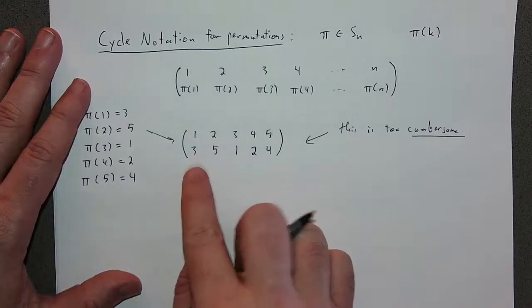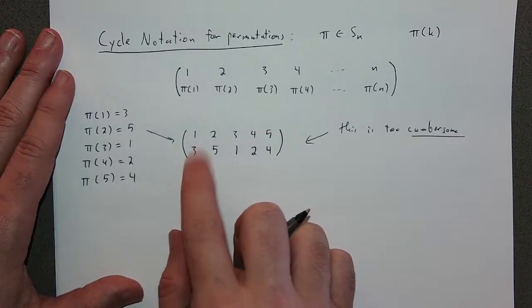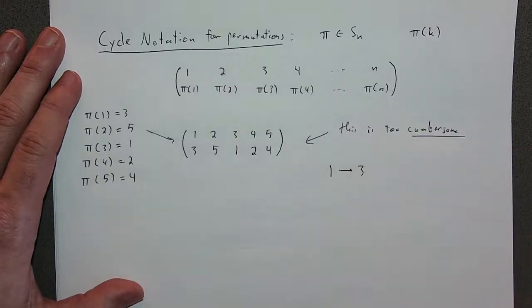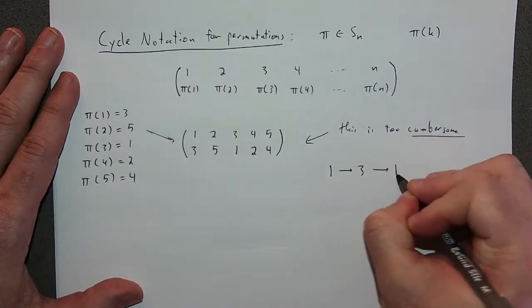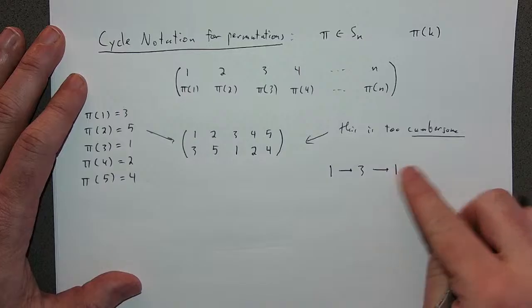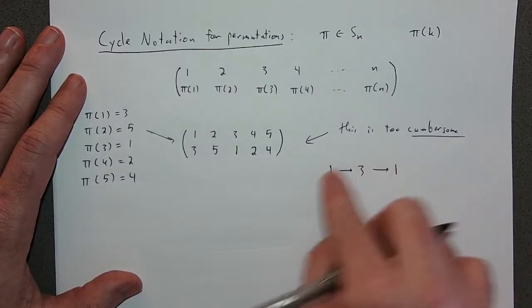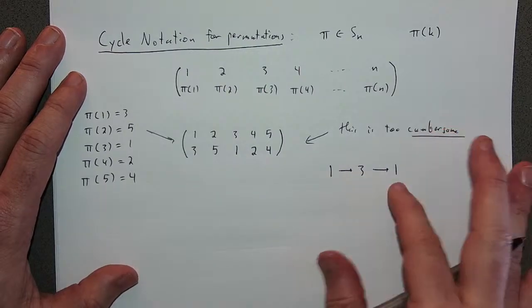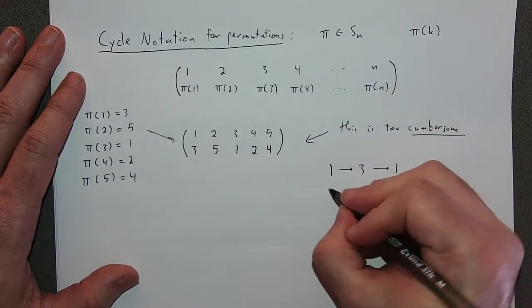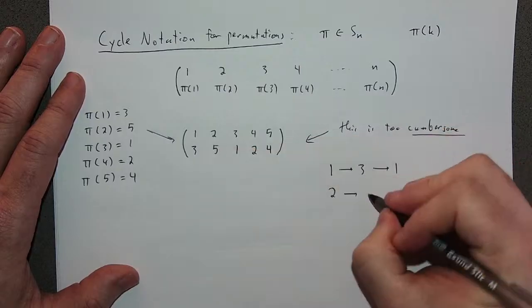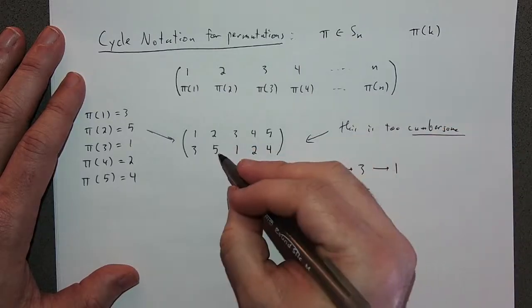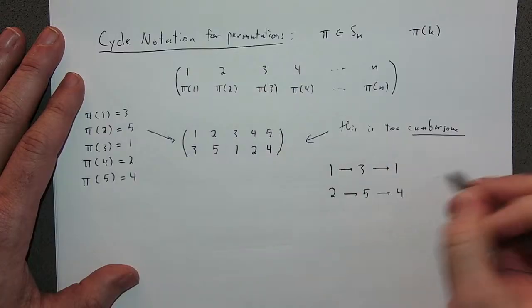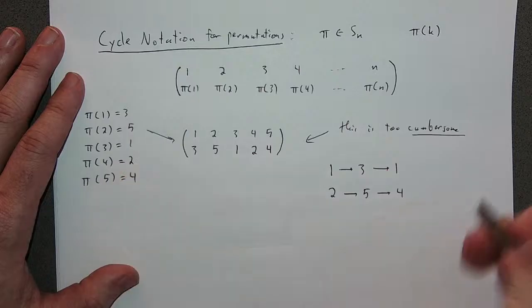So really, what is important here? Let's track what is actually going on. 1 gets sent to 3, and then 3 gets sent back to 1. It's like a closed loop almost, right? 1 goes to 3, then 3 goes back to 1. 2 goes to 5, and then 5 gets sent to 4, and 4 gets sent to 2.